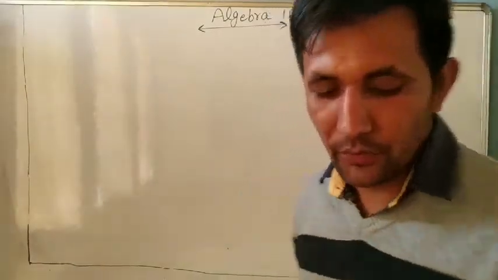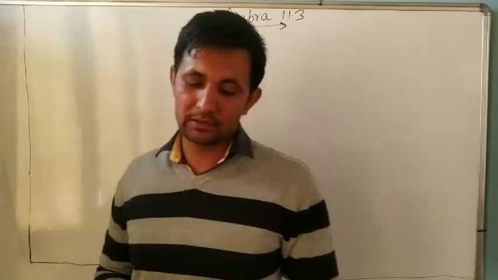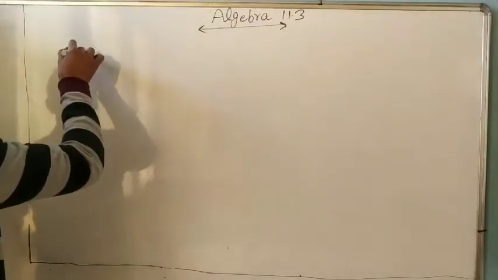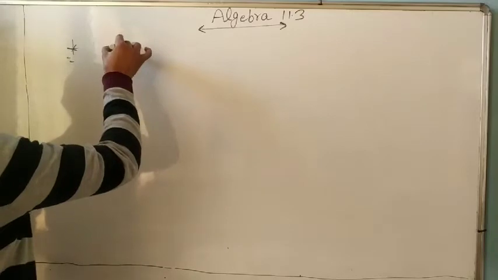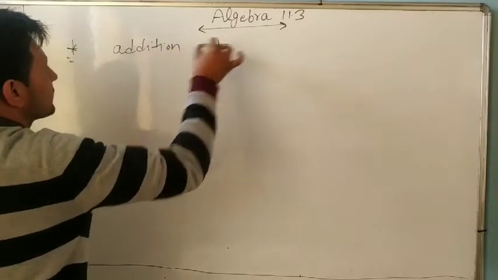Till now we already learned what a variable is and how to use variables. Everyone knows there are four operations. First is addition, everyone knows what addition is.